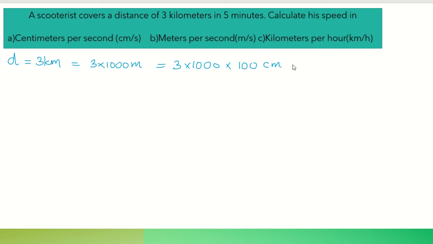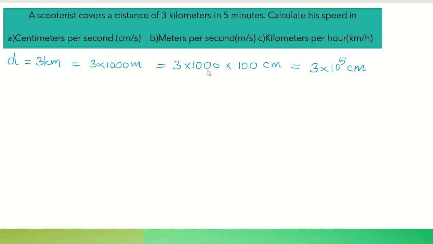So be careful with the zeros here. How many zeros are there? 1, 2, 3, 4, 5. That means 3 into 10 power 5 centimeters. See why I am writing it as a power of 10. This is a standard way of representing a number. There is an advantage if you represent it like 10 power, right?